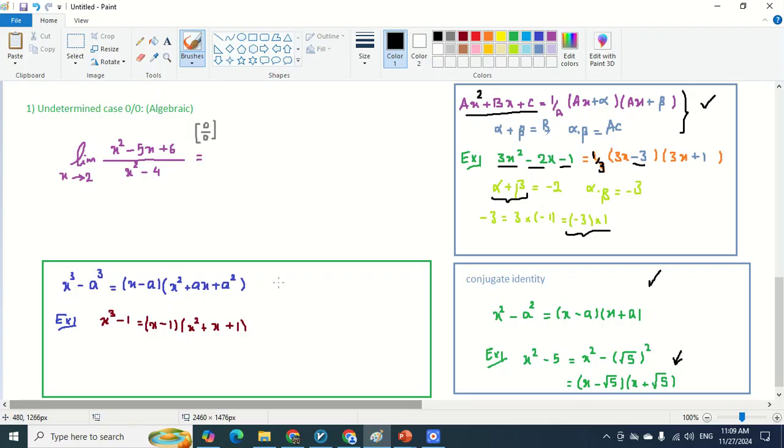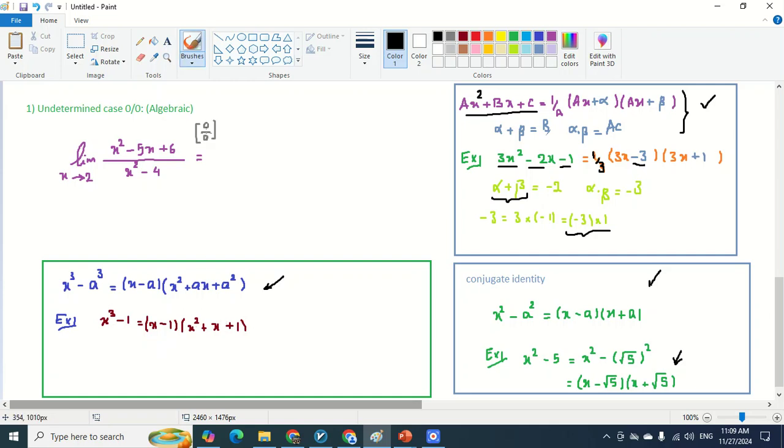The other identity that is used several times is x cubed minus a cubed, which can be written as x minus a times x squared plus ax plus a squared. And we have an example over here that shows how we can factorize x cubed minus 1 into factors.